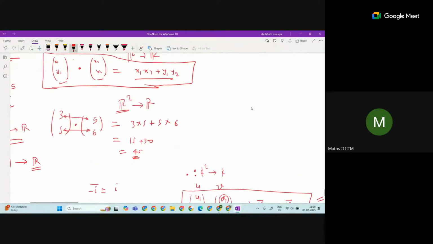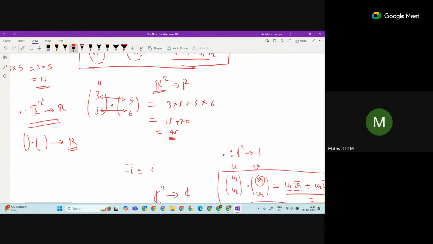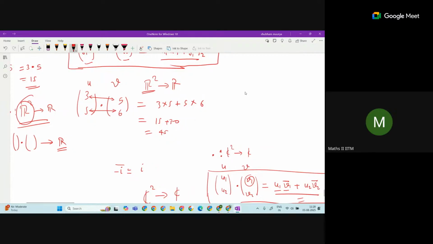In real, let's say this is u, if you have the vector space R2, and let's say this is v, if you do u dot v, you find 15, right? If you do v dot u, this is going to be 5 6, and this is going to be 3 5. There is no conjugacy in the definition itself, so this is going to be 15 plus 30, which is again 45.